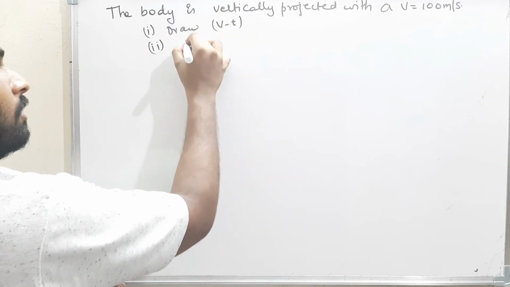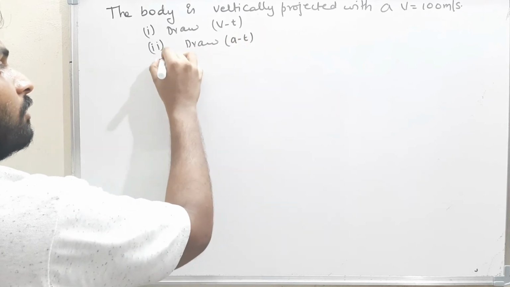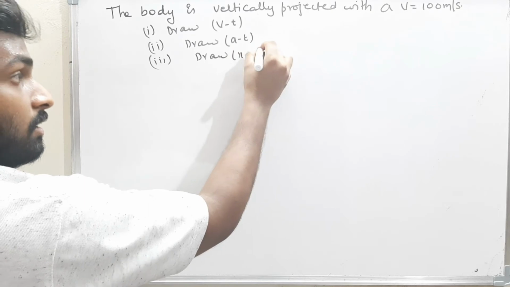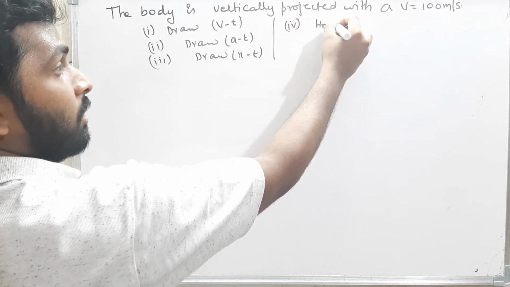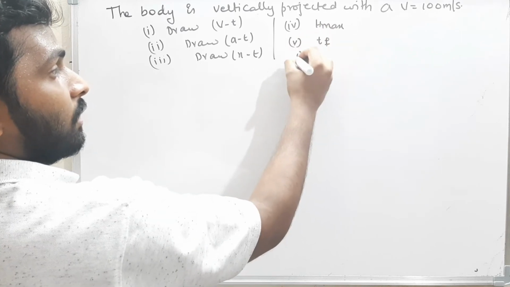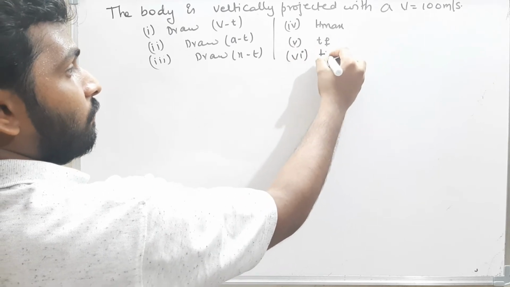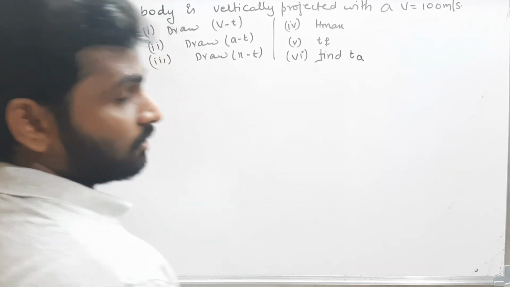Second one, draw the at curve, and draw the xt curve, and fourth one, find the maximum height, find the time of flight, and find the time of ascent. That's all.